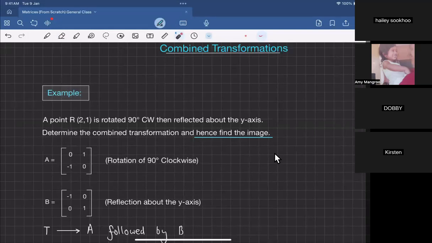Kiera, it is not rocket science. Look and see what is being done to the shape or the point. It was rotated 90 degrees clockwise and then was reflected.